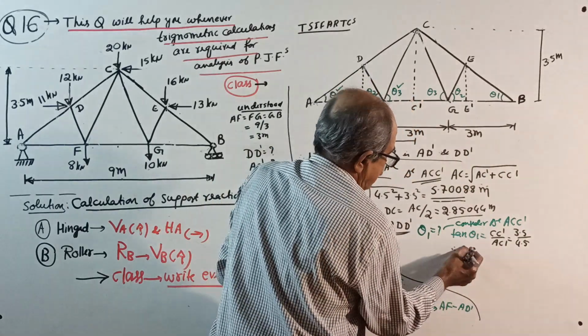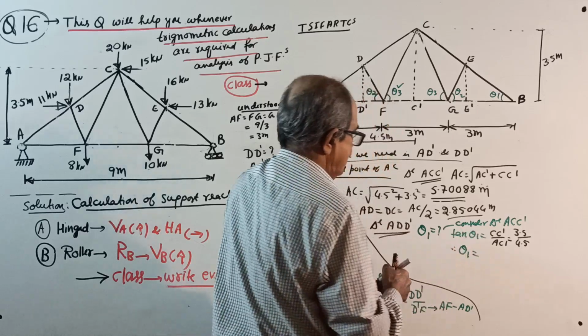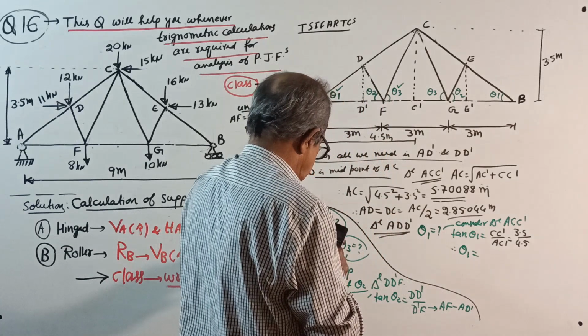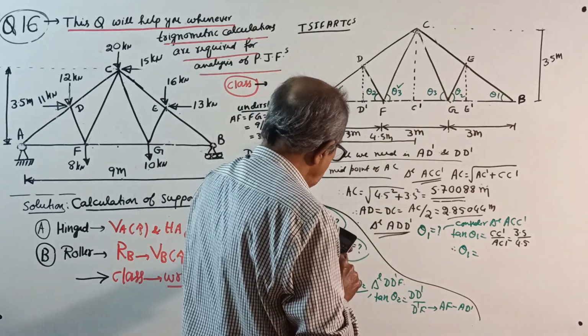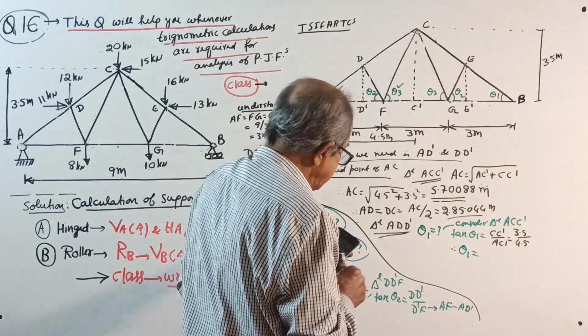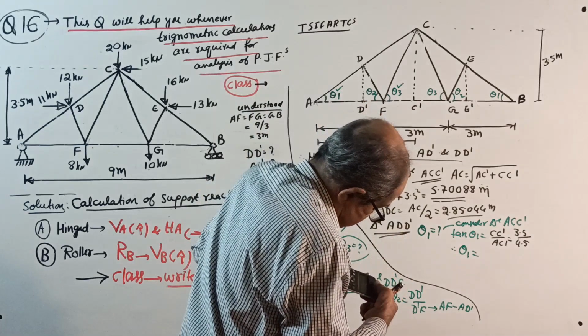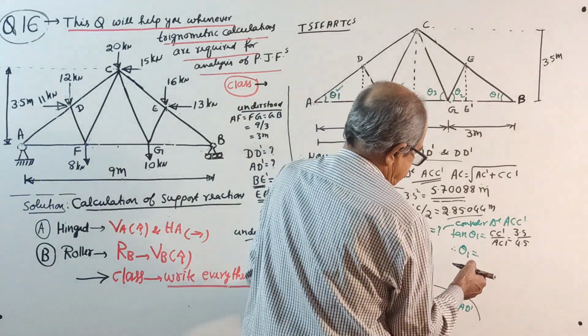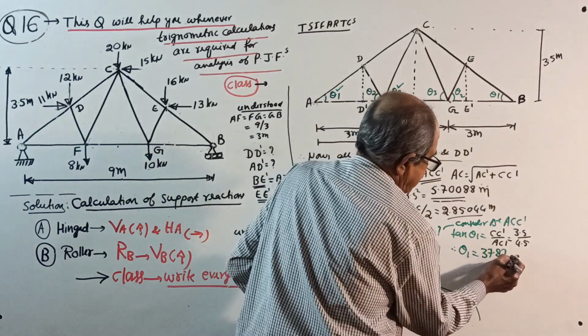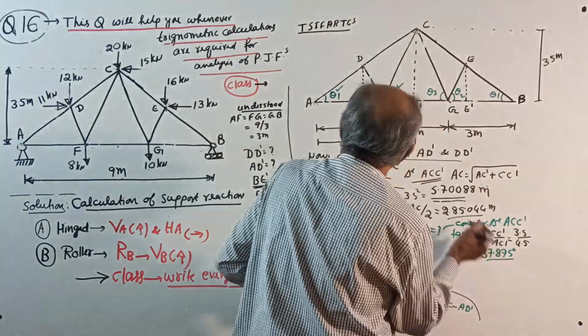Therefore, you get the value of theta 1. 3.5 divided by 4.5, shift tan inverse, answer 37.875 degrees. Okay, now you know the angle theta 1.